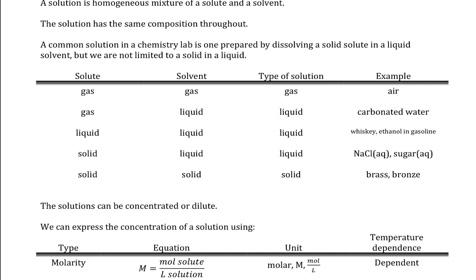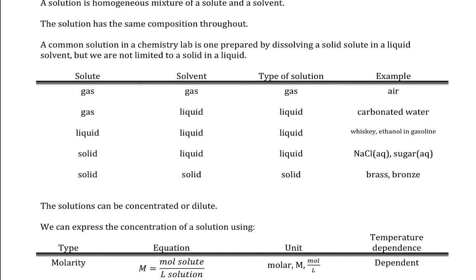Another example is a gas dissolved in a liquid. That would make for a liquid type of solution. An example of that is carbonated water. We can have a liquid in a liquid type solution, making for a liquid one. An example of that is whiskey, that is ethanol in mainly water with a little flavoring.